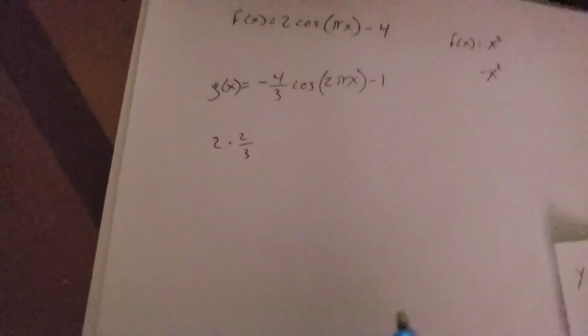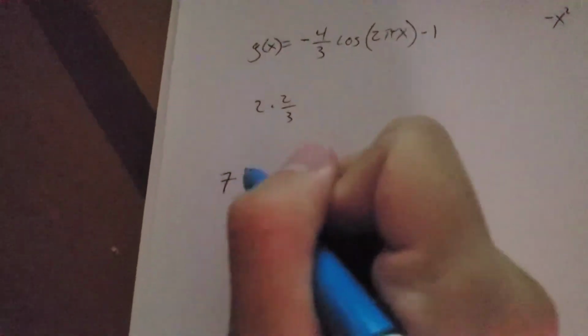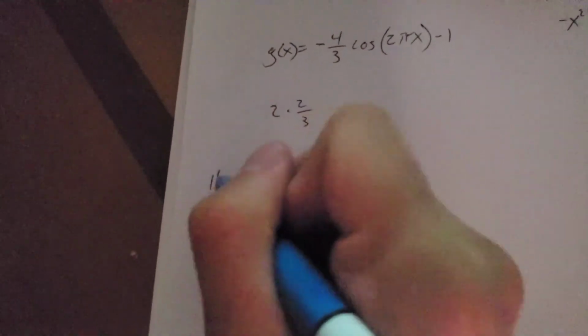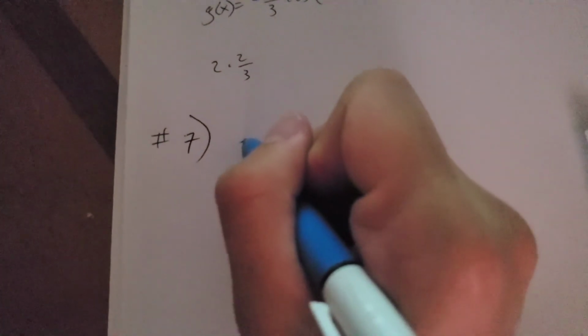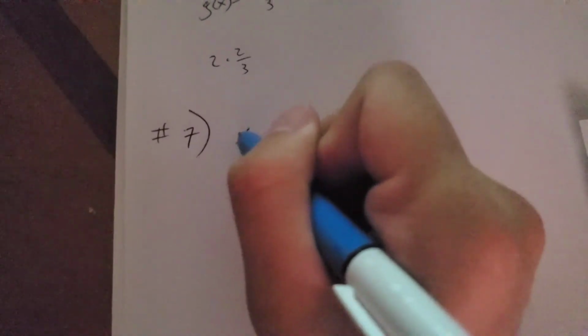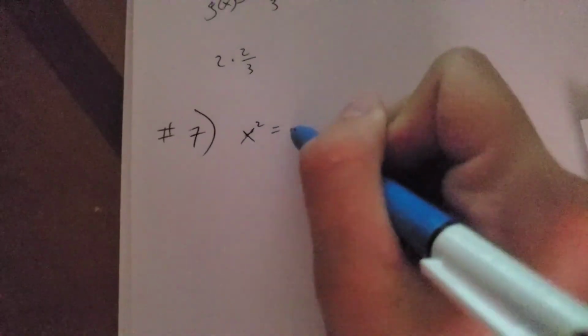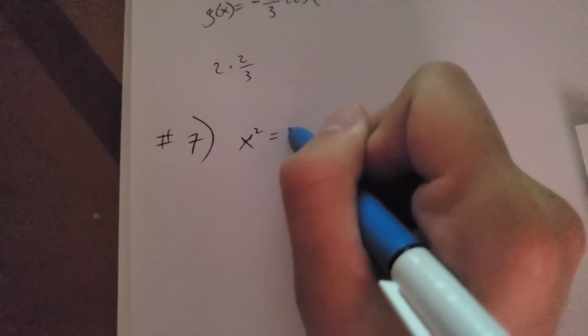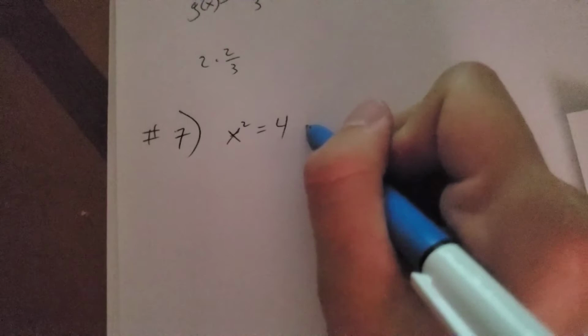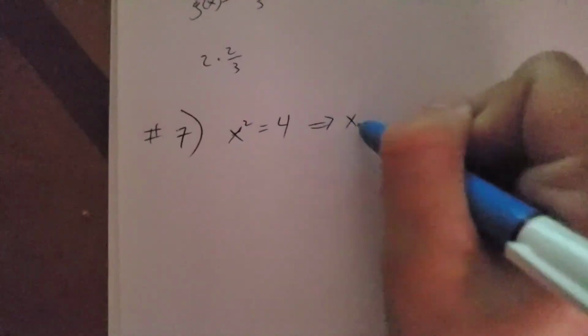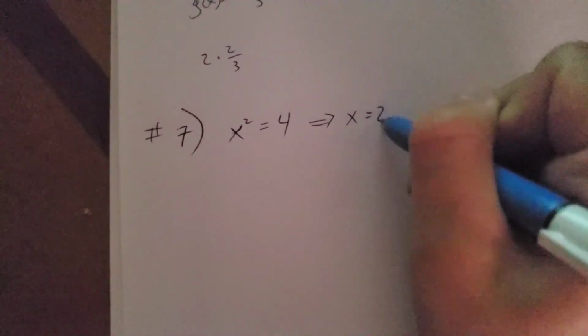Number 7, here he goes. Think about it. Let's say that x squared equals 4. If x squared equals 4, that means that x equals 2.